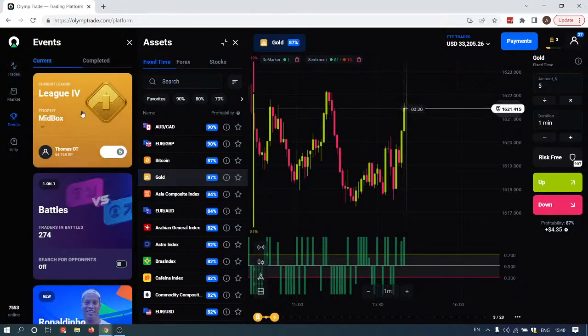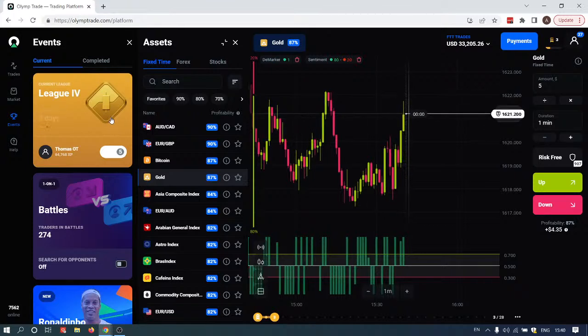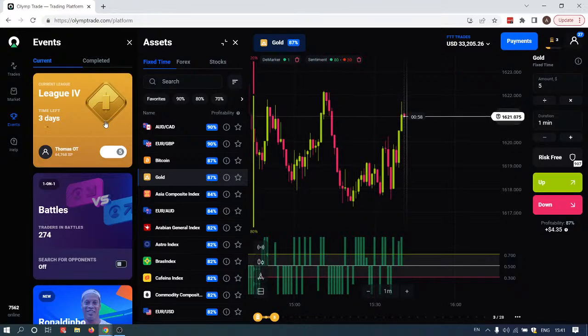I would also like to mention that if you click here on the events tab, you are going to see your current status in your league, which is a nice little feature added a few weeks back on our platform. In each league, you can compete with likewise traders, and you can win prizes like loot boxes or trading boxes, whatever they're called.